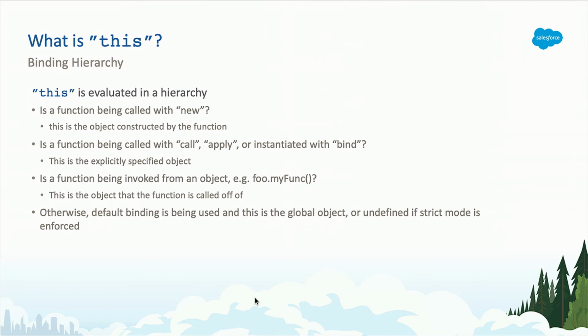If we are, then explicit binding is in effect, and this is the specified object. If that's not the case, are we invoking the function off of an object by calling foo.myFunction? If it is, then implicit binding is in effect, and the object the function was called from is this keyword. Otherwise, it's in the global scope, and if it's in strict mode, it's probably undefined.